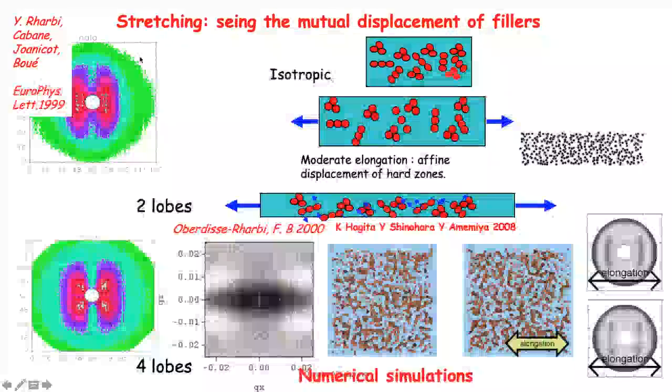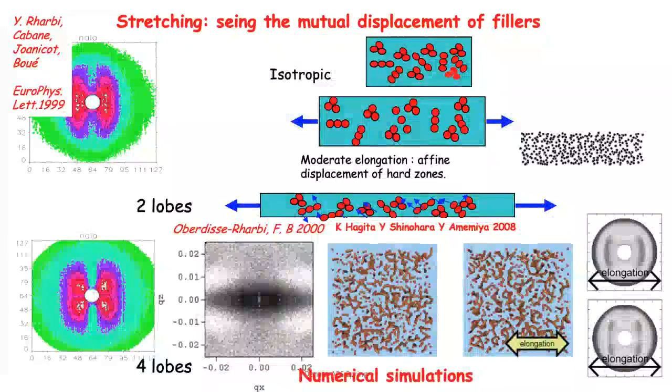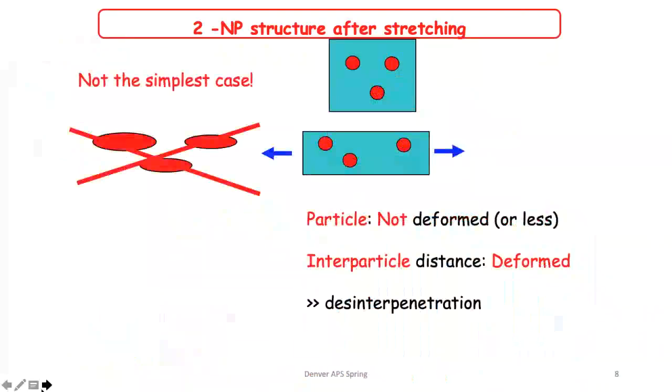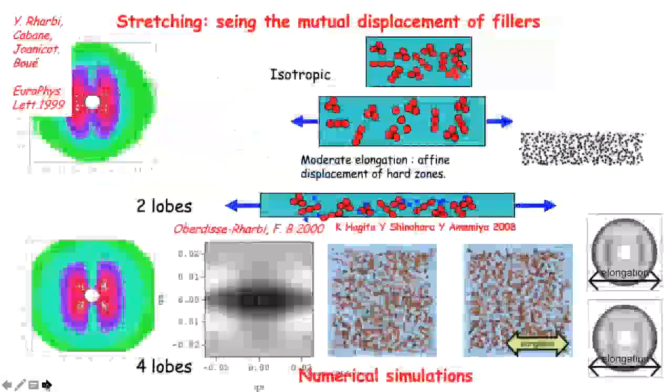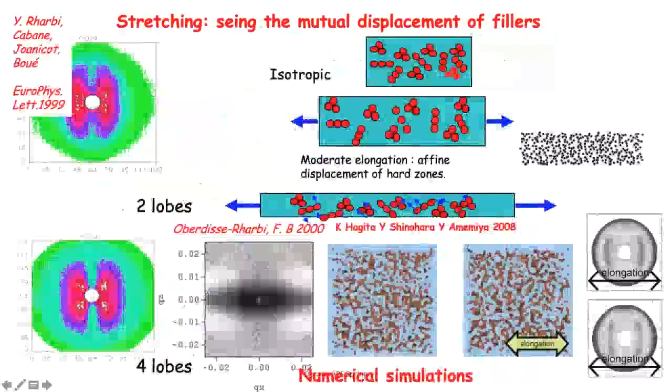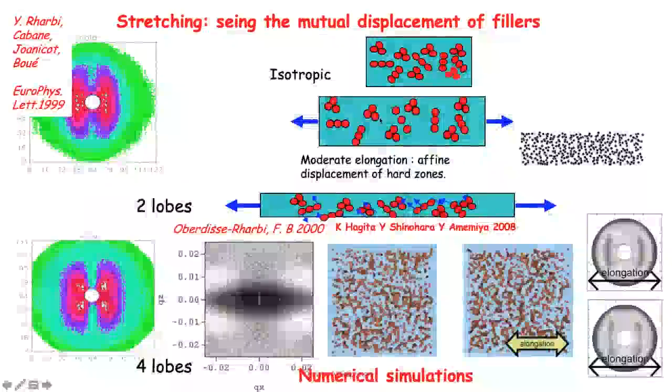butterflies some time ago, and you can first explain them by the fact that your different clusters here are moved together, but they are not deformed. They are not deformed, but the distance between the centers of mass is deformed.